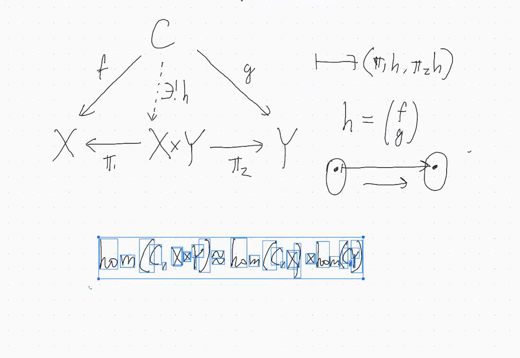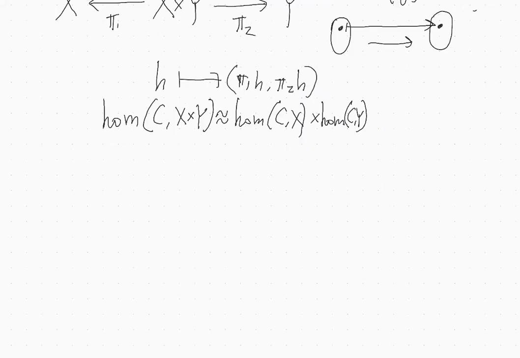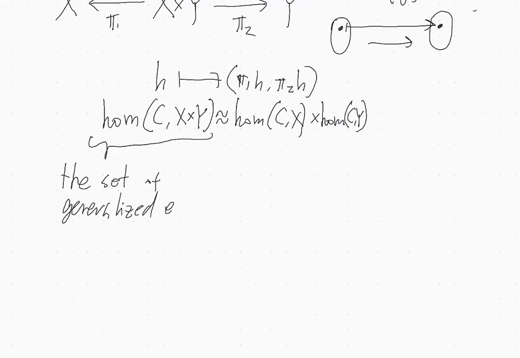Okay, so if I look at this left-hand side, what is this? This is the set of generalized elements of x cross y, isn't it?